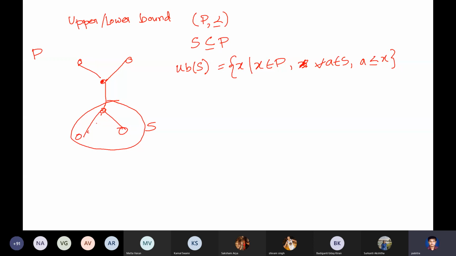Similarly, this is an upper bound. This is greater than this, and this. So the set of upper bounds for S would be this set.